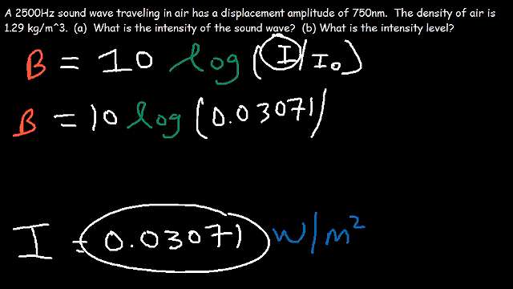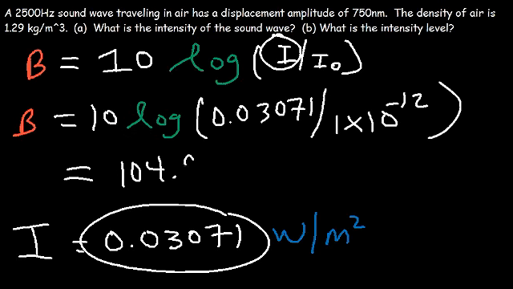The reference intensity is 1 times 10 to the minus 12. Log of 0.03071 divided by 1 times 10 to the minus 12 is about 10.487. And if we multiply this by 10, we're going to get a sound intensity level of 104.9 decibels. And that is it for this problem.